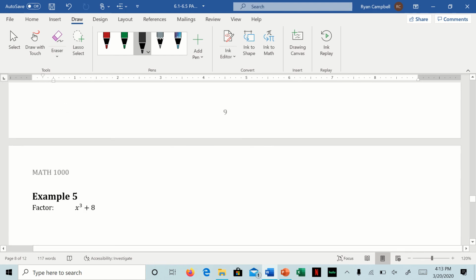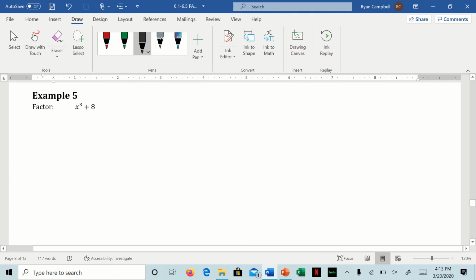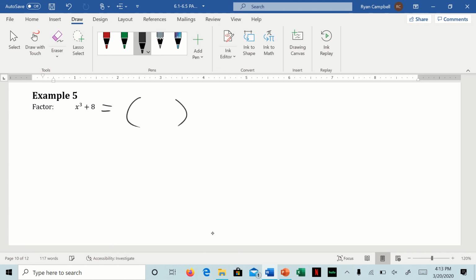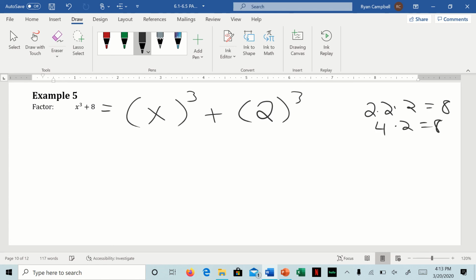All right, so let's look at an example. So we get x cubed plus 8. So what cubed plus what cubed? So we see it's an x, and then what cubed is 8? 2, right? Because 2 times 2 is 4, 4 times 2 is 8. Good. So it's the first term, second term.